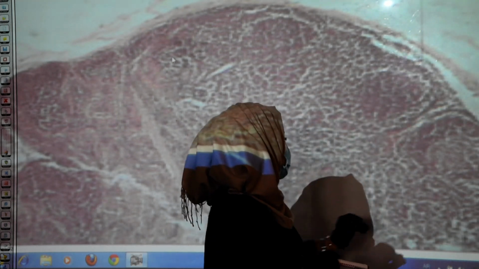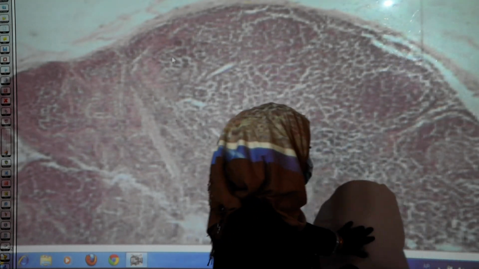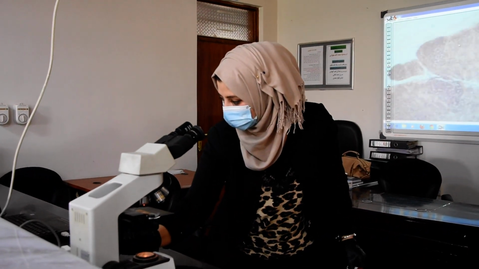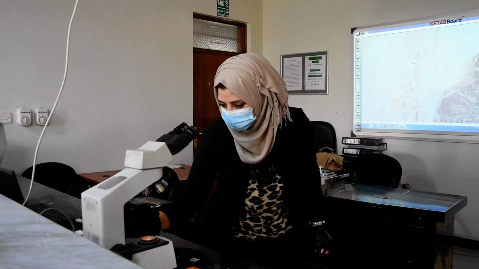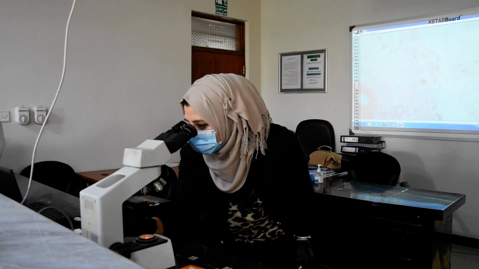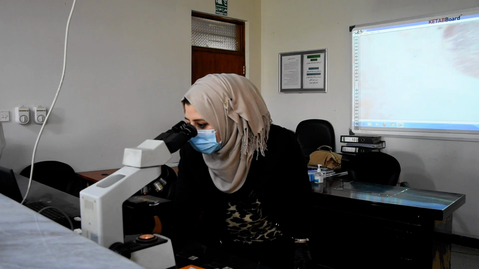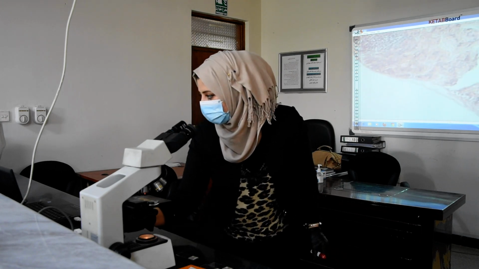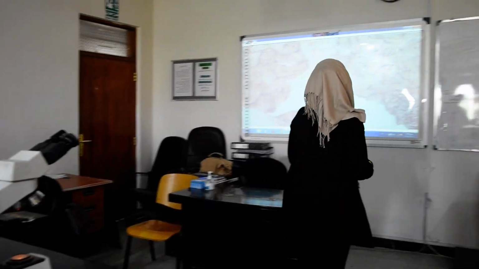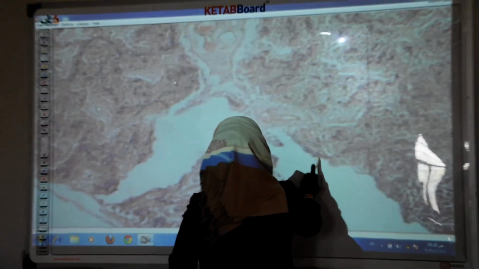Okay. The other surface of this node is the concave surface. I can show you the concave surface. Okay, all these are the convex, and these are the concave surface. It's characterized by the hilum.